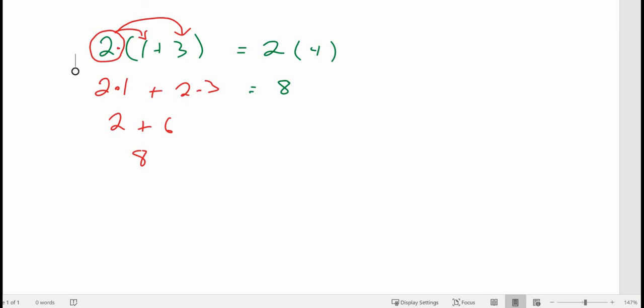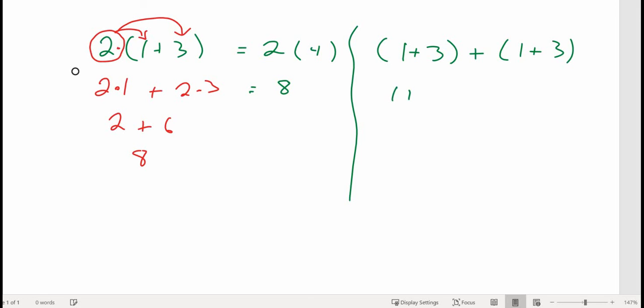So a third way maybe to look at distributing multiplication over addition is that 2 times 1 plus 3 really means 1 plus 3 plus 1 plus 3, right? Because I'm repeatedly adding that 1 plus 3. That's what the 2 times that thing means. Now I have everything written as addition, and addition is commutative and associative, so you can rearrange addition any way you want, basically.